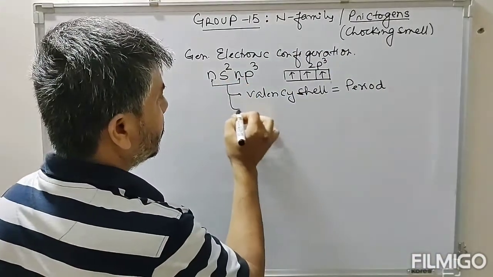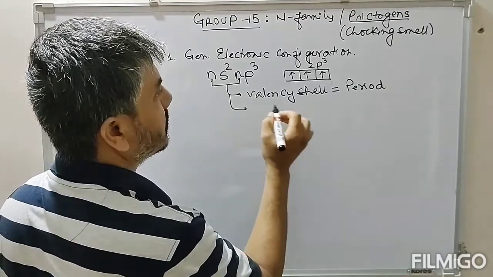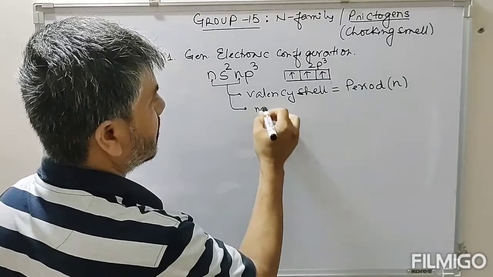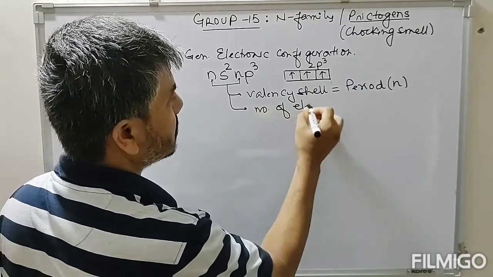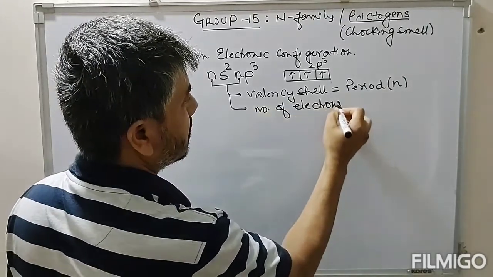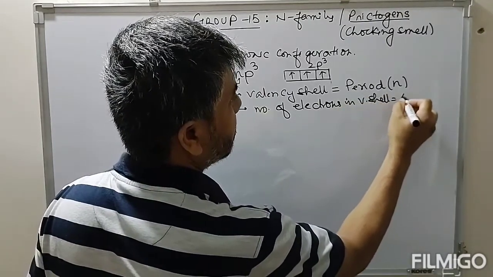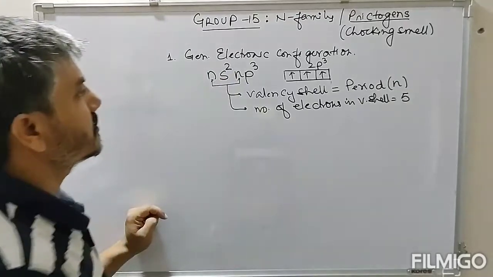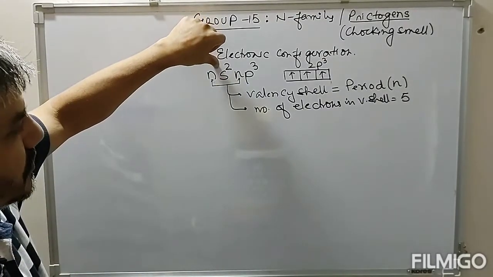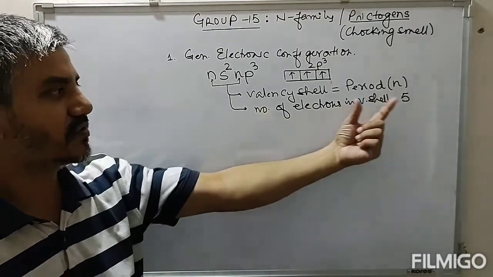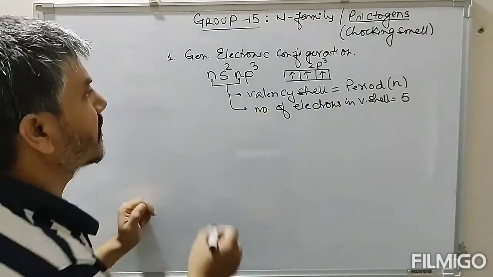And the number of electrons in the valence shell, we have 5 electrons: 2 electrons in s orbital, 3 electrons in p orbital. So the total number of electrons in the valence shell is 5.